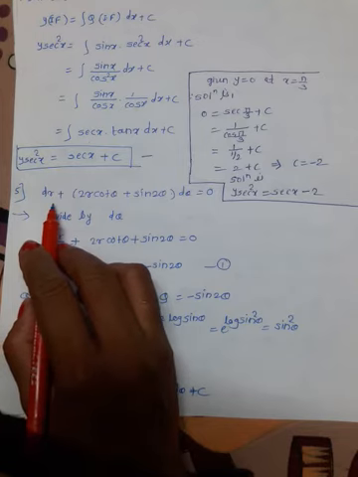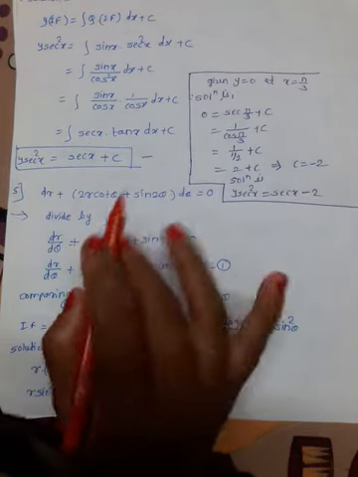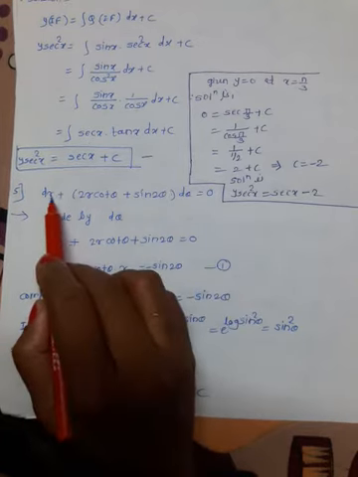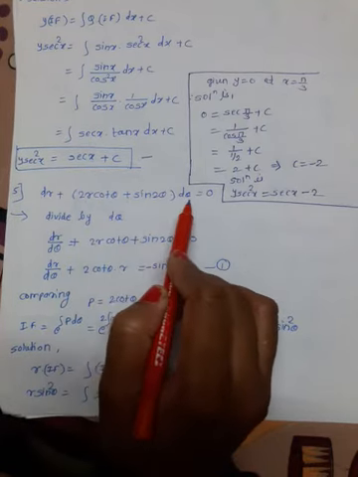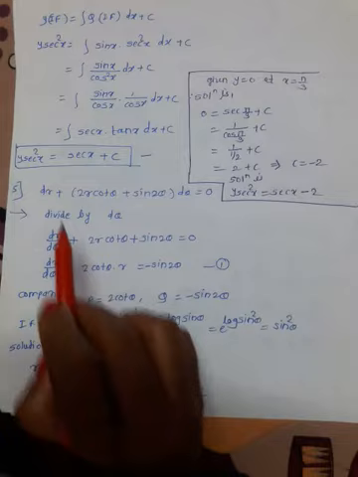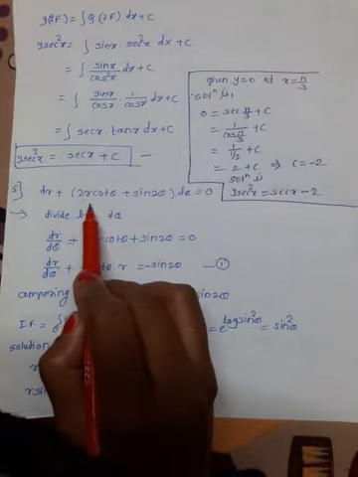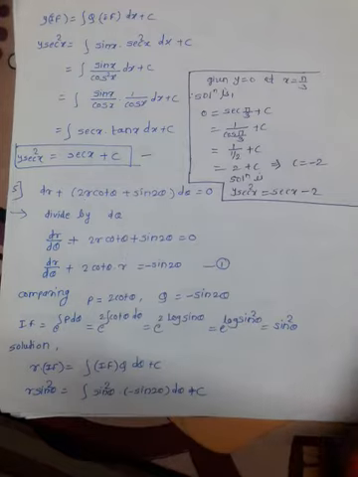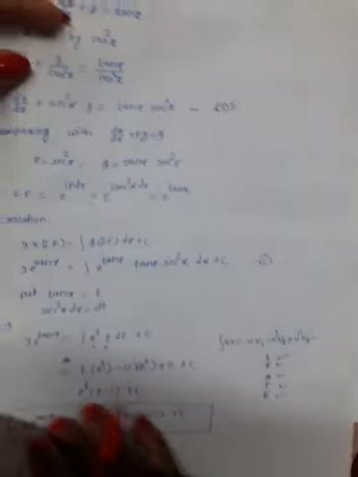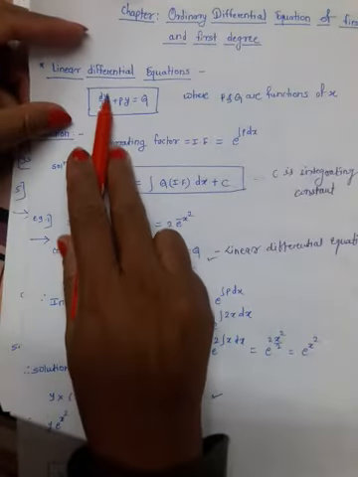dr, instead of x and y, here r and theta are the two variables. dr plus this bracket 2r cot theta plus sin 2 theta into d theta is equal to 0. Now to decide whether this equation is linear or not, this is our linear equation, dy by dx.